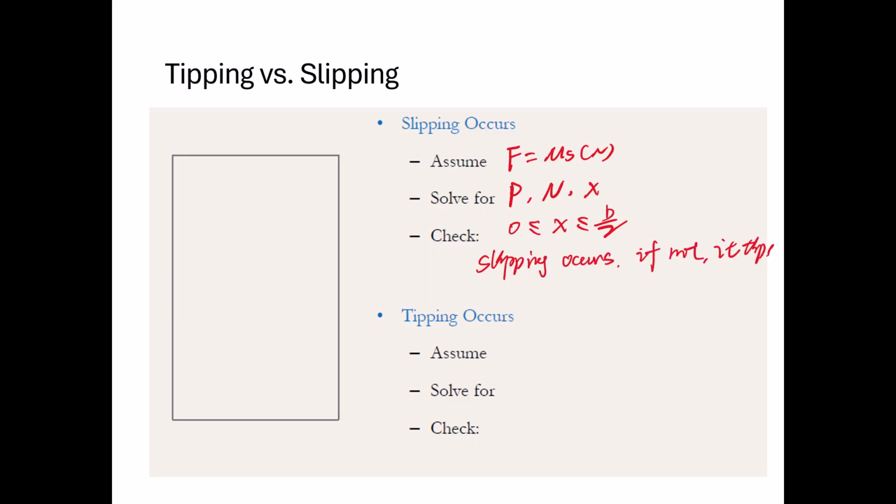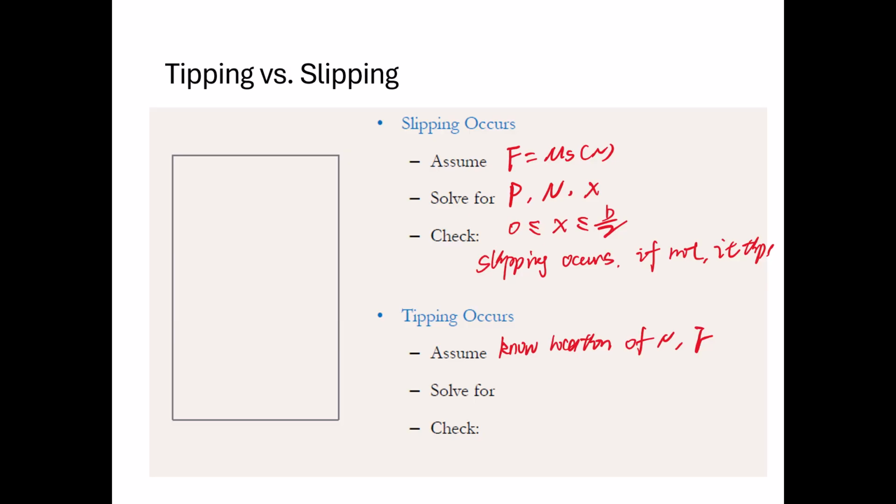So when the tipping occurs, we'll assume we know the location of N and F. We need to solve for when the tipping occurs. The N is definitely here. Okay.